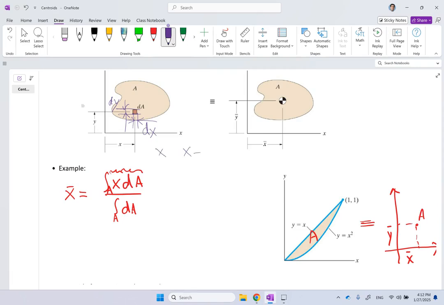In this range, x is roughly the same, and y similar. So clearly, since dx is approaching 0, this is almost a constant x and similarly constant y. But when I calculate the x bar, I do not need y of the element to be constant. All I want is x of the element to be constant.